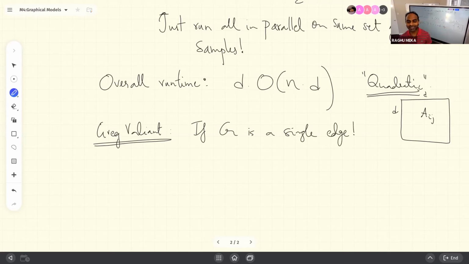The entire graph has a single edge. All the variables are independent except two that are somewhat correlated. What do you think is the best runtime there? If I ask you to find the single correlation, what can you do?